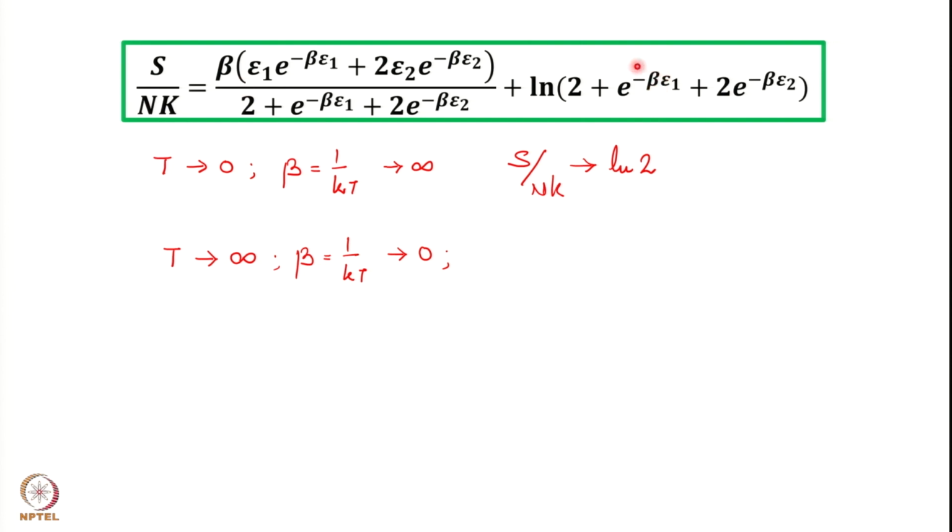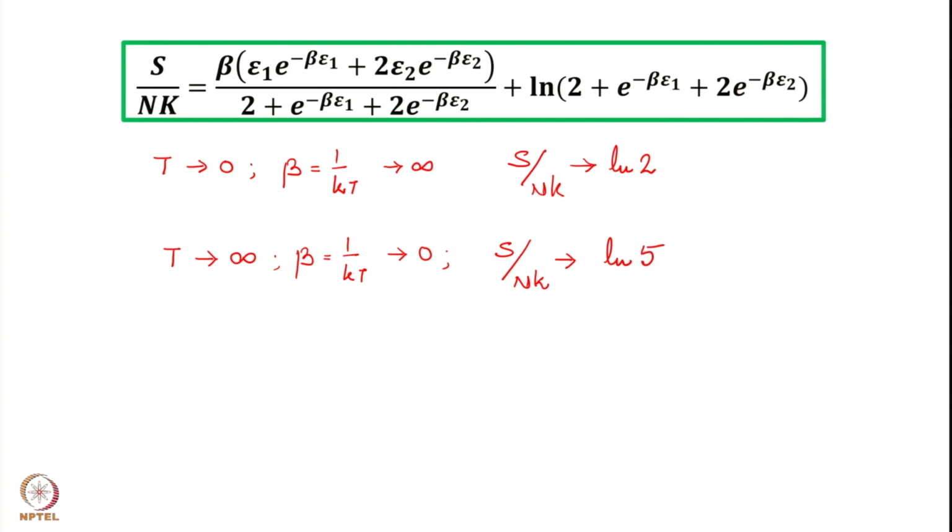But in the second term, you will have 1 from here and 2 from here, because exponential minus 0 is 1. So S upon Nk will approach a value of log of 2 plus 1, 3, 3 plus 2, 5.